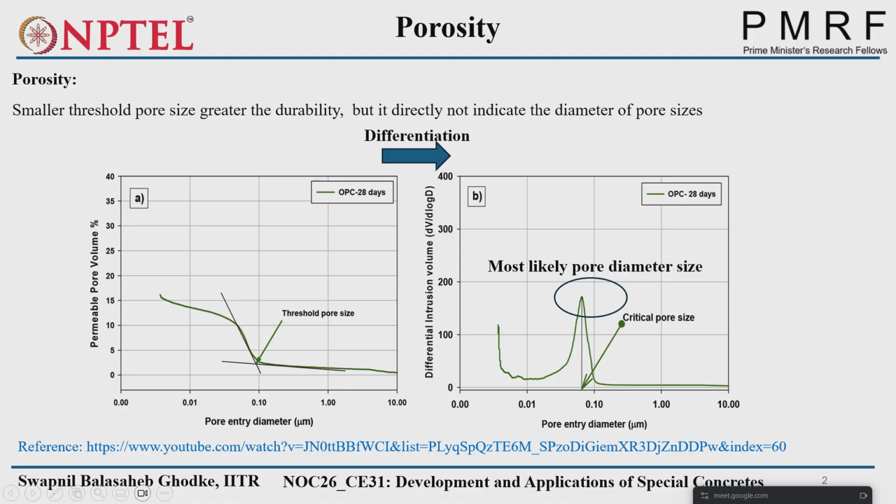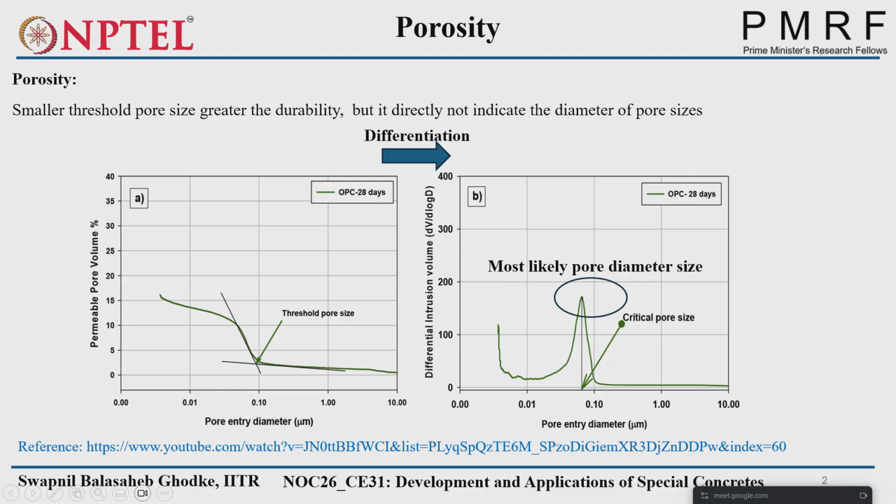As we saw, the smaller the diameter of the pore, the more we have to increase the pressure to push the mercury into it. As the diameter goes smaller, we increase the pressure, and at a certain point you will observe a sudden increase in the pore volume percentage.